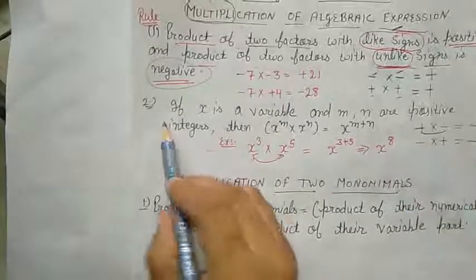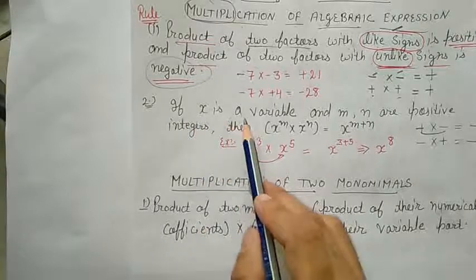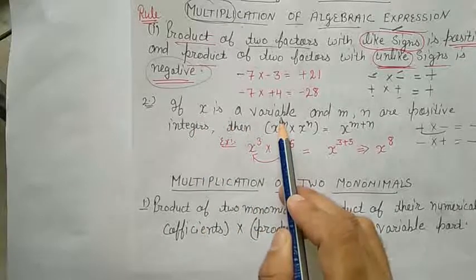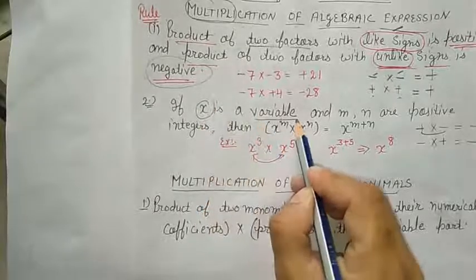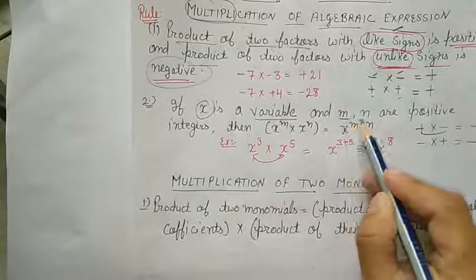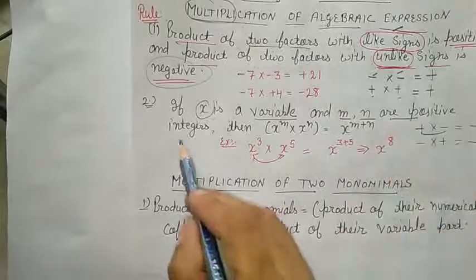Second rule is: if x is a variable and m and n are positive integers.